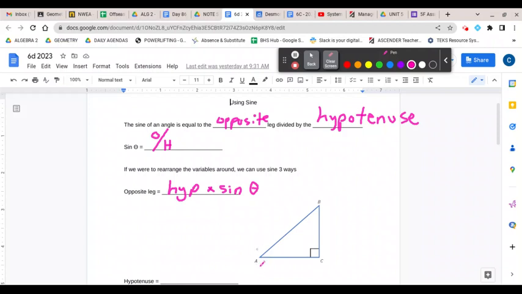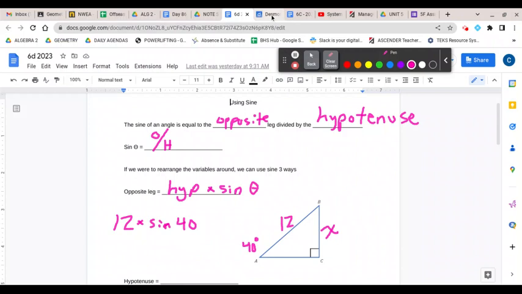So for instance, let's say this angle A over here is 40 degrees. Let's say our hypotenuse has a length of 12, and we're trying to find BC right here, which is the opposite leg. We're going to type into our calculator 12 times the sine of 40.